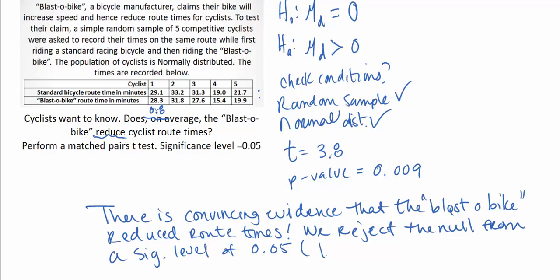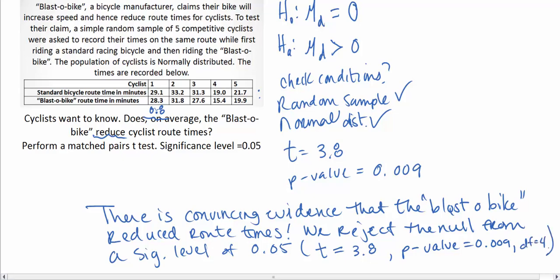It's important. Our t-test statistic of 3.8 and p-value of 0.009. You should also perhaps include here the degrees of freedom, which in this case, because we have 5 pairs, would be equal to 4.